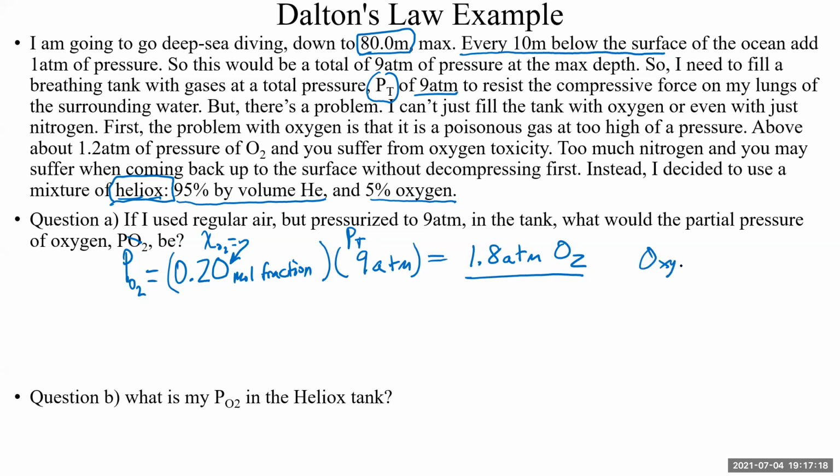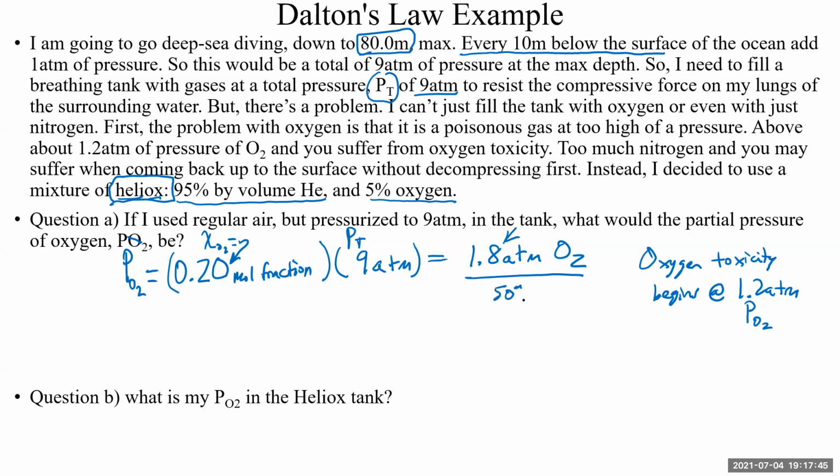Oxygen toxicity begins at a partial pressure of oxygen of 1.2 atmospheres. This exceeds that by 50%.